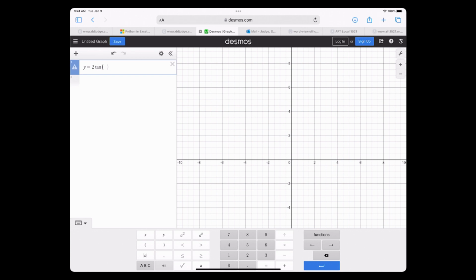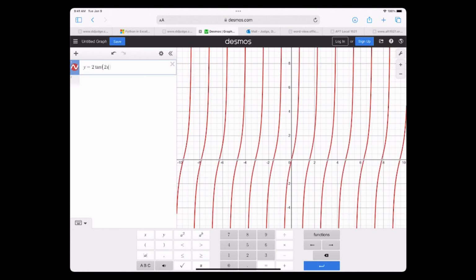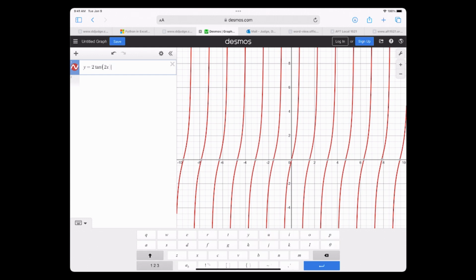So y equals 2 tangent 2x, right? Then we do that one. And then we're going to put the interval of one cycle.